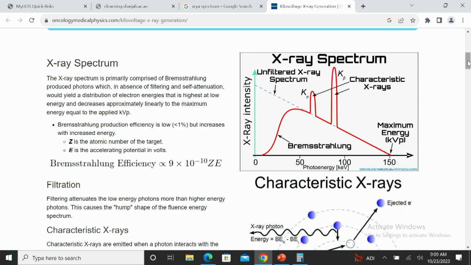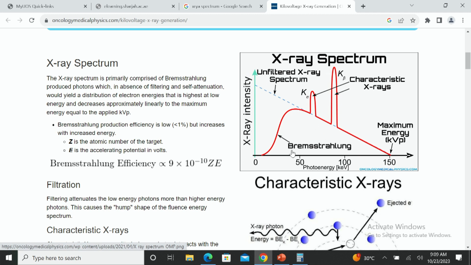And if you notice, it starts not from 0, but from some value here. I think you see my cursor, right? Some value here. And then it increases, and then there is peak number 1, there is peak number 2, and then it reaches maximum.